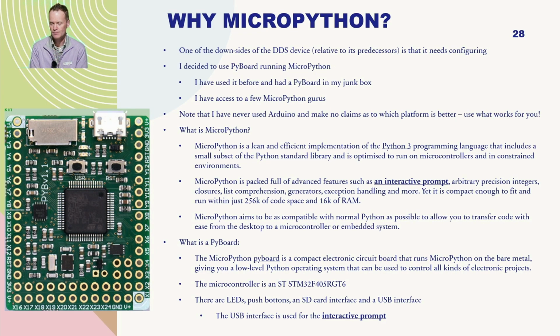And it's just a little, small circuit board, and up the top you can see it's got a USB port, a micro B port, and an SD card interface, which I didn't use in this application. It's got some LEDs, 4 LEDs there, a couple of press buttons, and there's a microcontroller. It uses an STM32 F405.